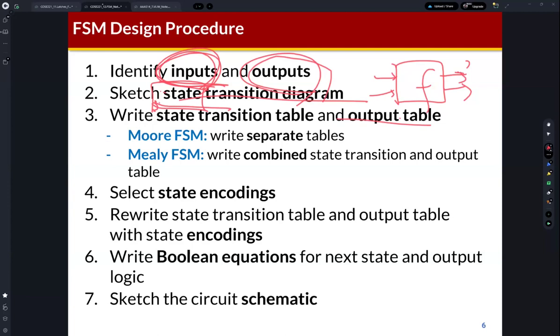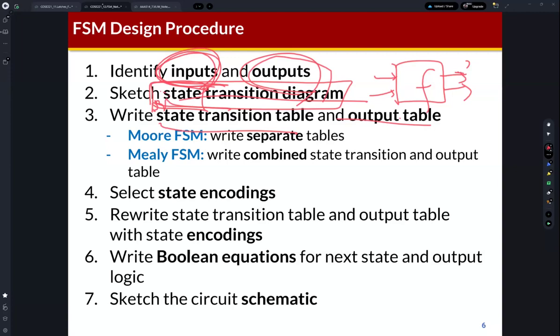Based on the state transition diagram, we can make some tables. Think like this: when we build combinational logic, firstly we define a truth table, right? The truth table has all possible inputs, and it also exhibits the output signals based on the corresponding input values.